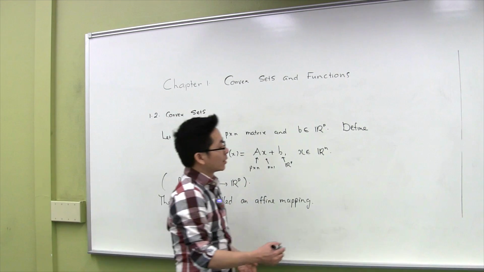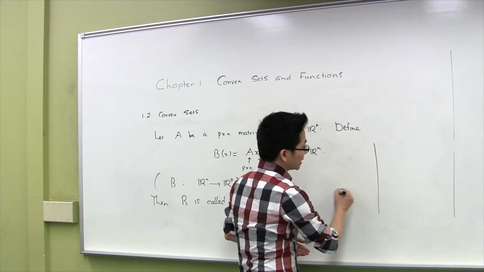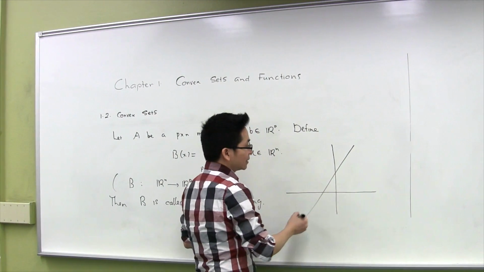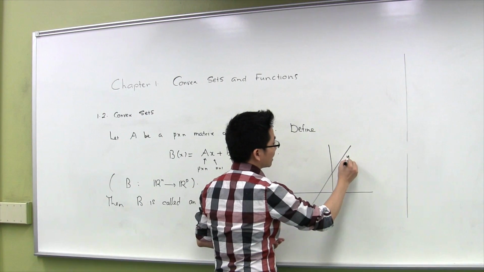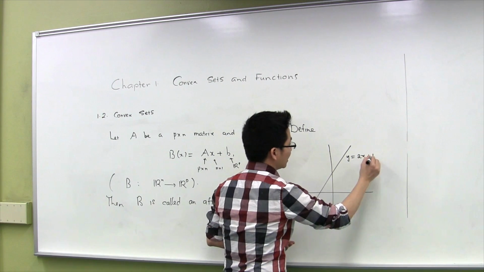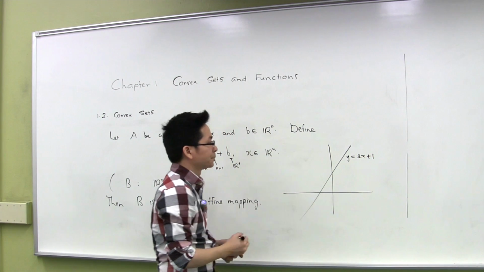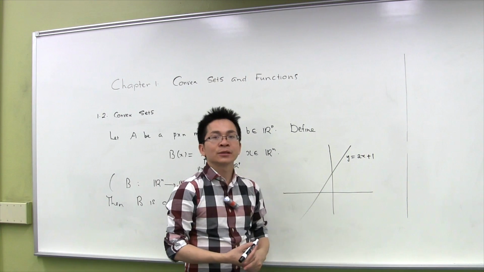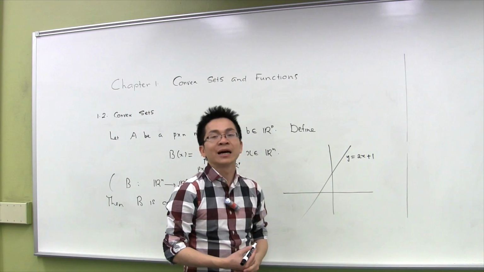Now a very easy example. In R, if we look at this line, for example, y equals 2x plus 1, then y is actually an affine function from R to R.